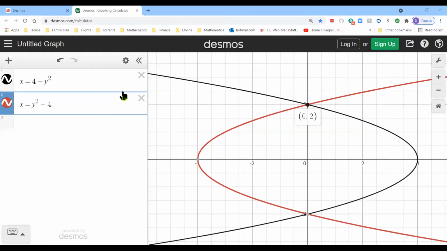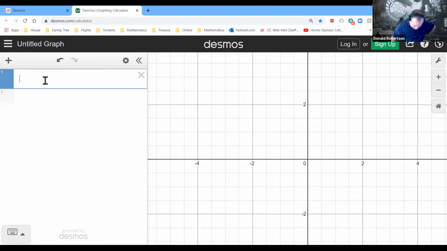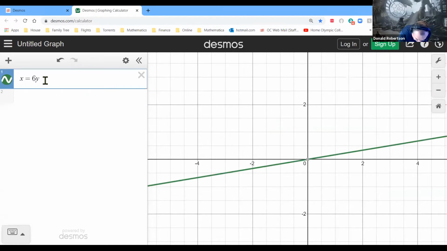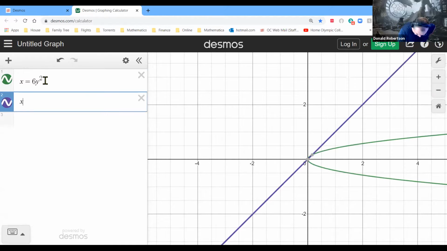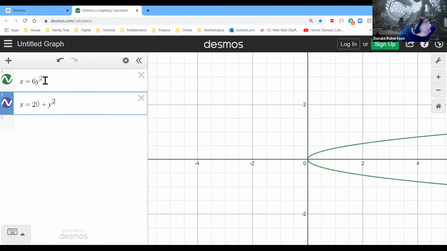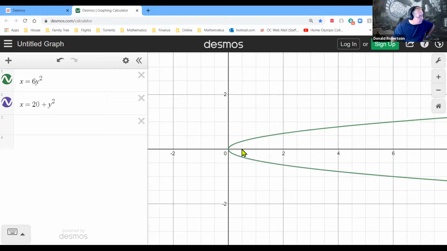Okay. Yes. So that question that I just wrote down was x equals 6y squared. And the other one was x equals 20 plus y squared. And we're being asked to find, it's interesting, the area between them.